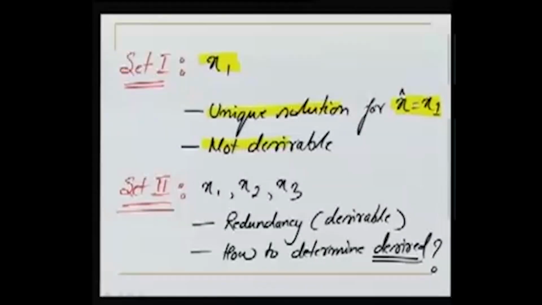But this is not desirable, as we have seen, because we do not know how much error was there in that one observation, and whatever is the error amount, we are going to take it. We don't have any check. So this is not desirable. Now in set 2 we are going to observe the same line 3 times.